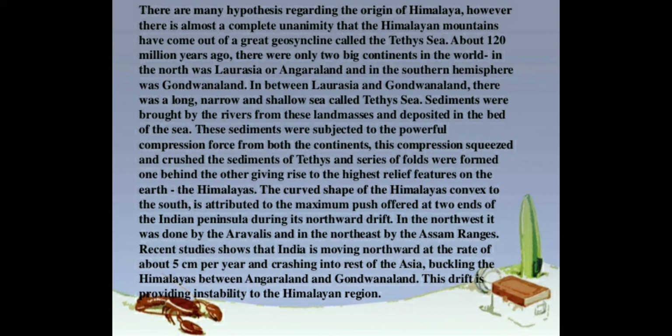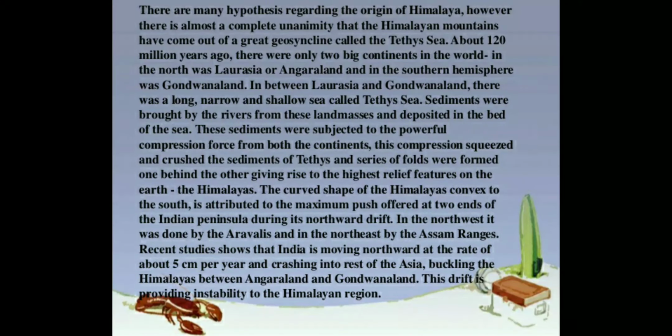And the result is what? As a result, a series of folds were formed one behind the other, like steps. And then as a result we have the highest relief feature of the earth, known as the Himalayas.